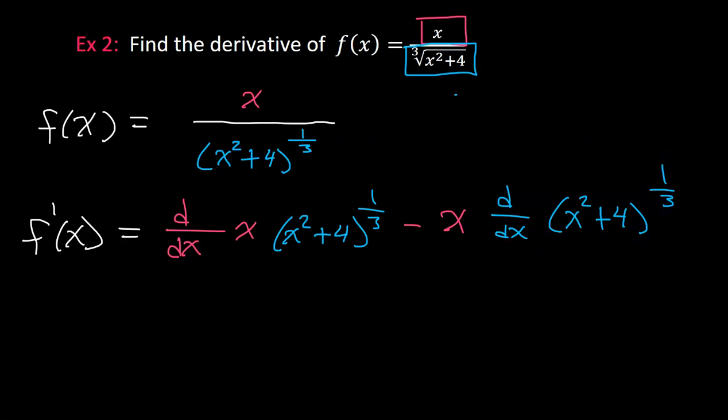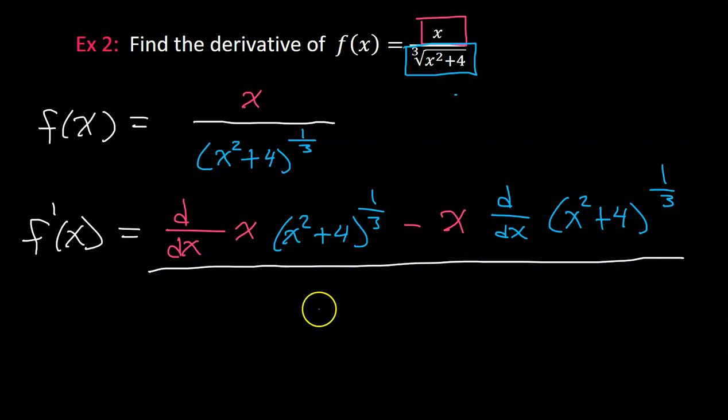And then that will be all over the bottom function squared. So this will be all over x squared plus 4. Well, if you take the 1/3 power and you square, you're going to wind up multiplying these, and that'll be the 2/3 power. Okay, so we have now squared this denominator.